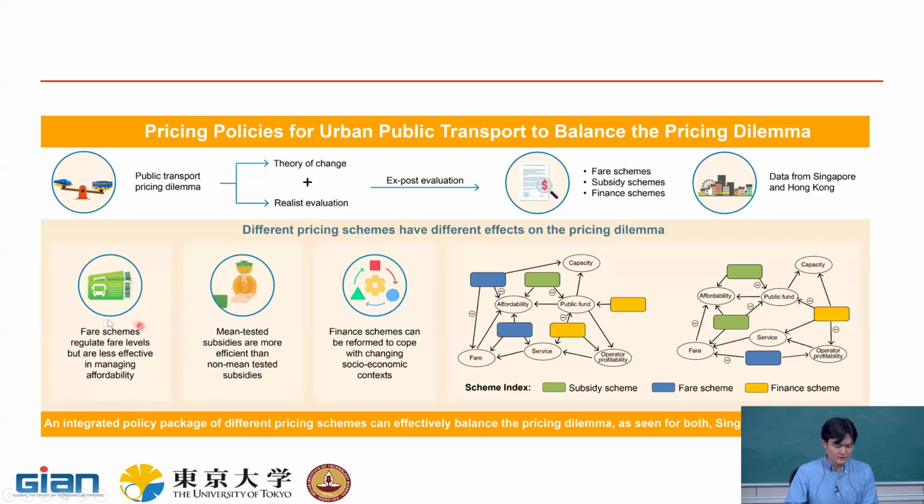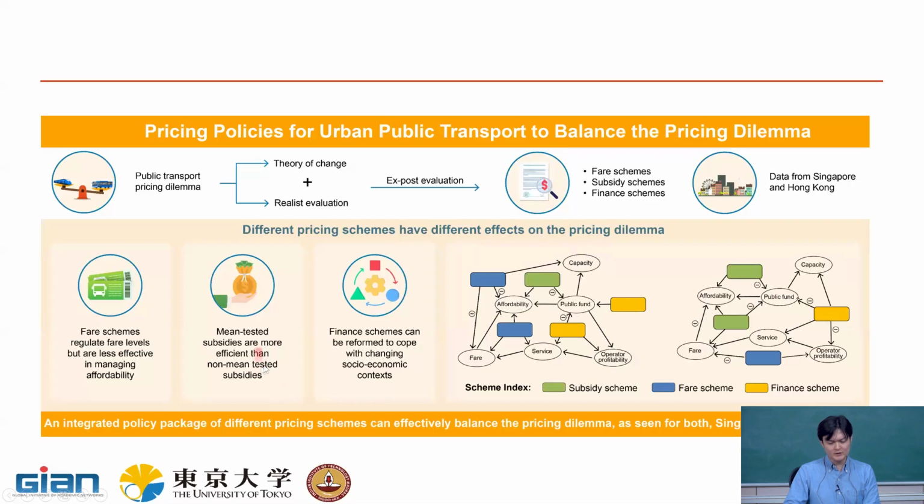Policy implications we are trying to argue for. This isn't published yet, so we're not sure. We're waiting for feedback, but fare levels do appear to be less effective in terms of affordability than means-tested or direct-to-low-income or direct-to-commuter subsidies.